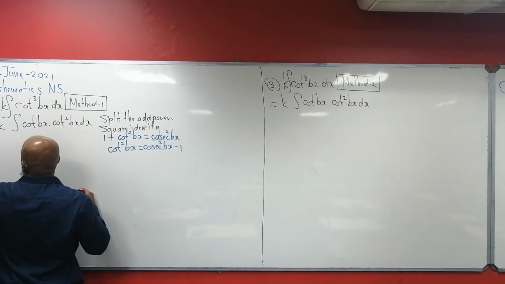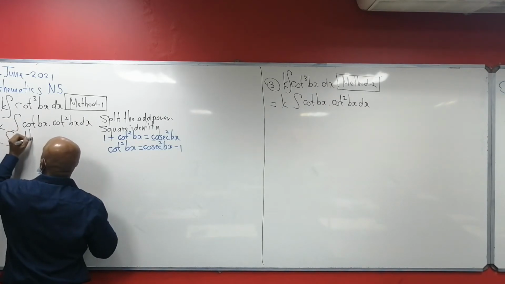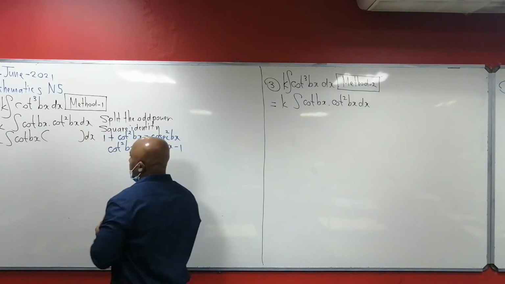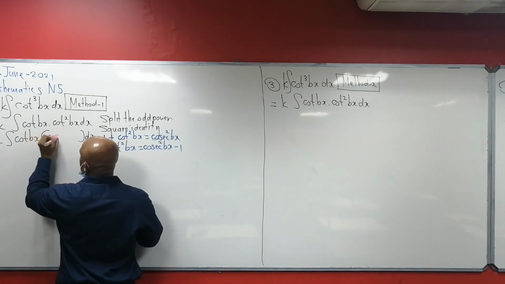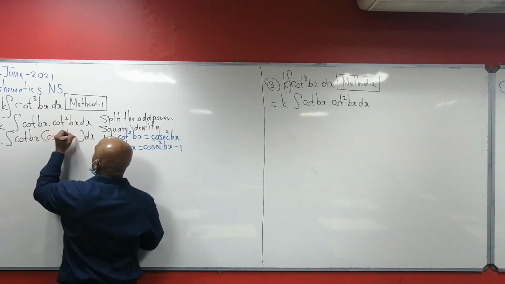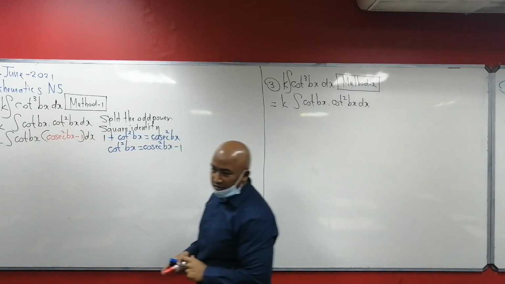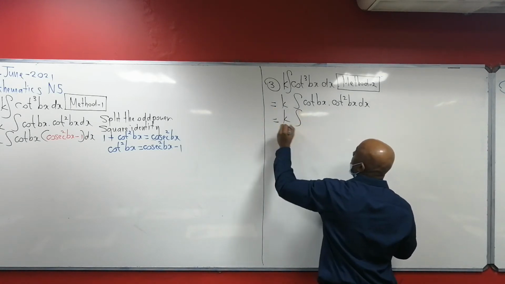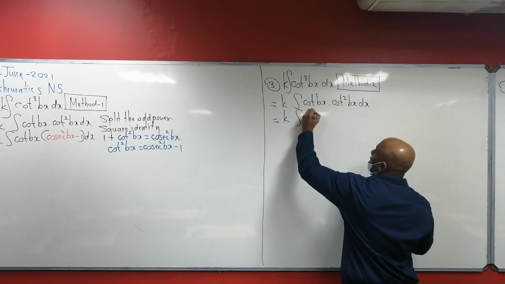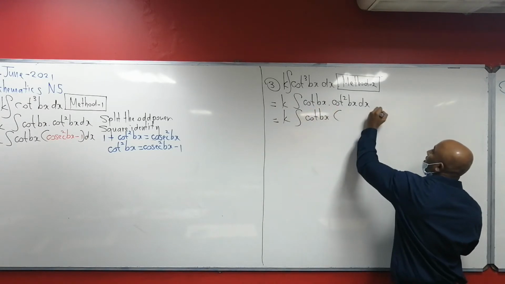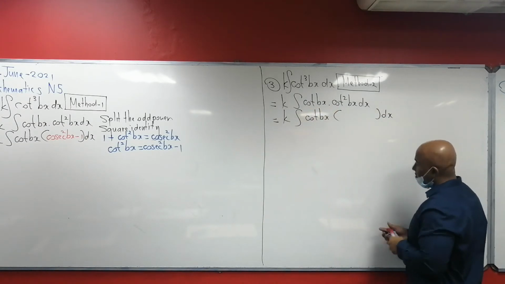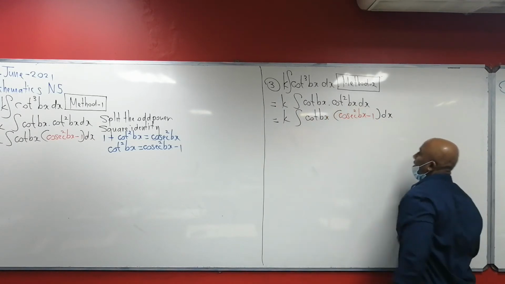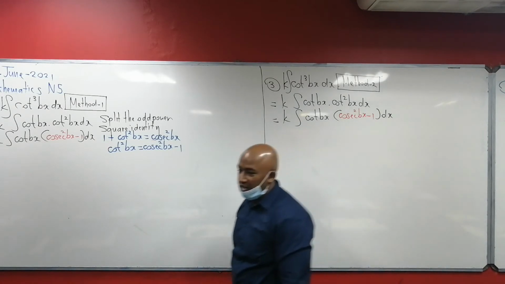This is equal to k, I got my cot bx, and then I replace cot squared with cosec squared minus 1. So that will be a standard replacement there.